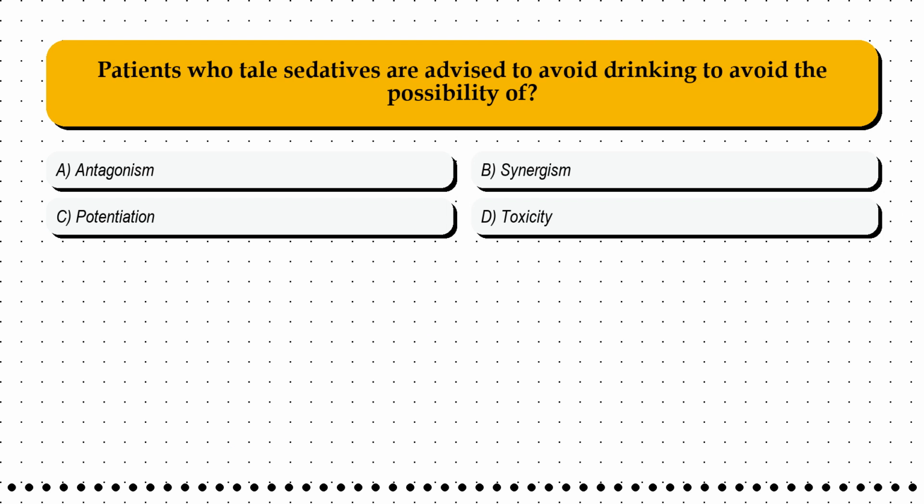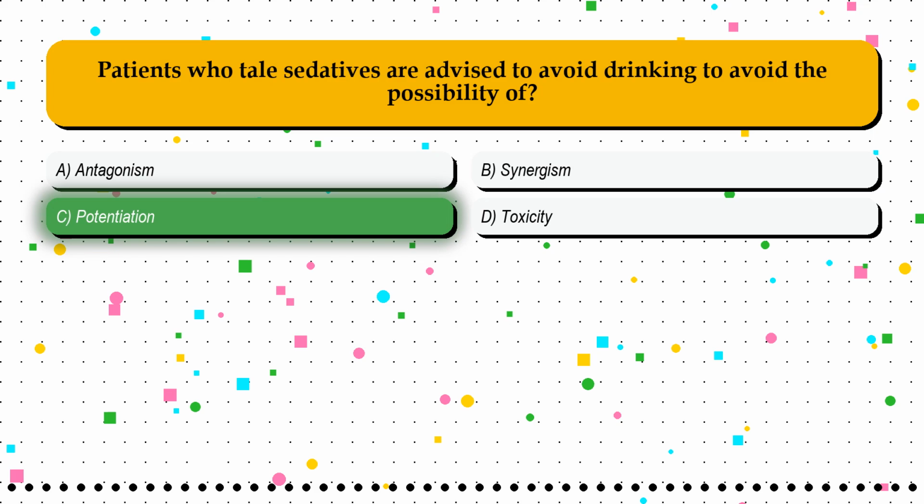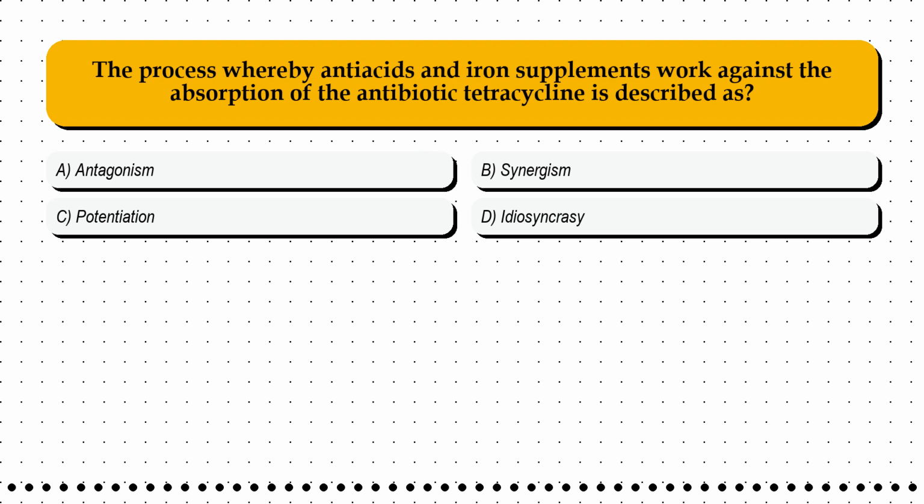Question 355. Patients who take sedatives are advised to avoid drinking to avoid the possibility of option A, antagonism, option B, synergism, option C, potentiation, option D, toxicity. The correct answer is option C, potentiation. Question 356.